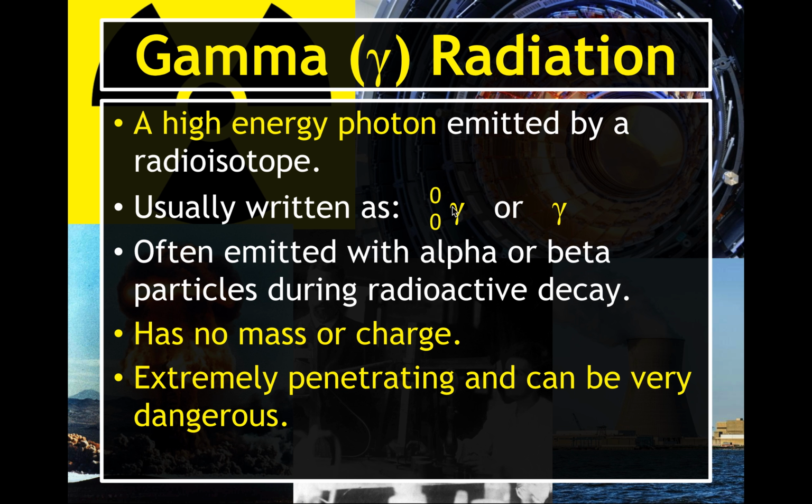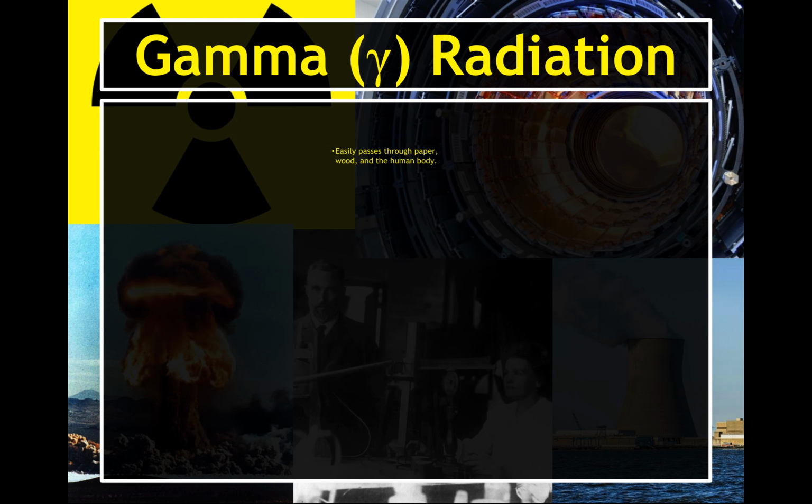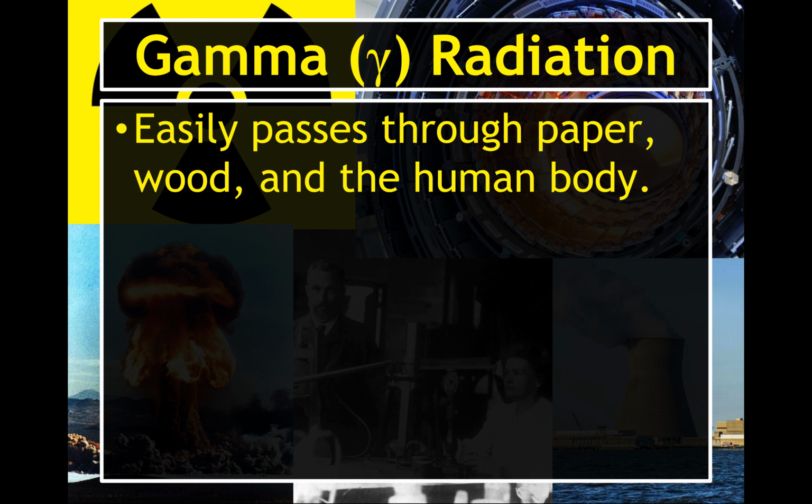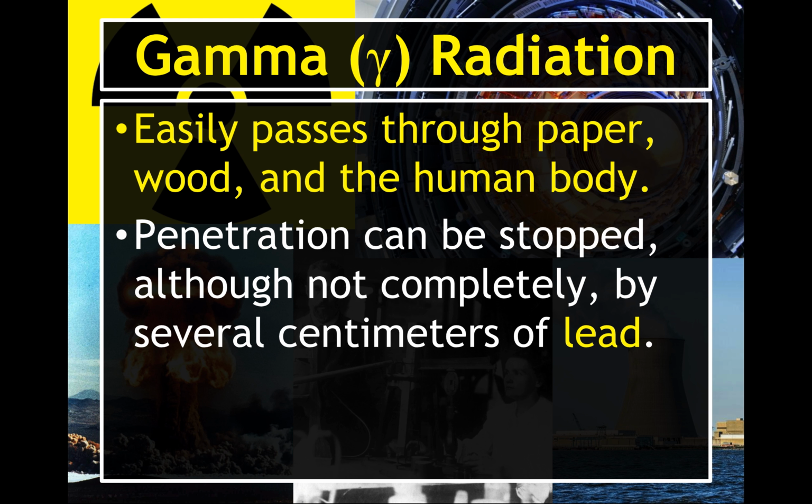It's going to be written as a gamma symbol with a 0 and a 0. As there's no charge, there's no weight to this particle. This easily passes through paper, wood, and the human body. The penetration can be stopped, although not completely, by several centimeters of lead.